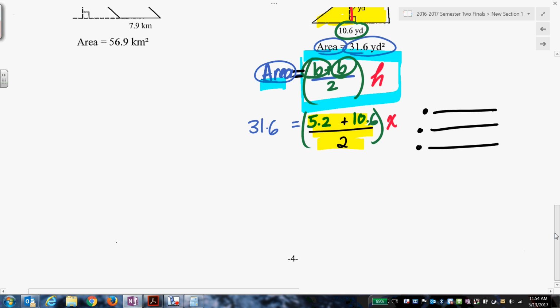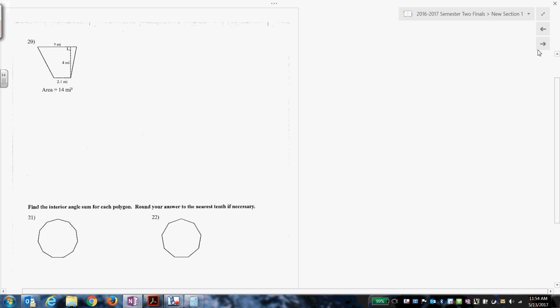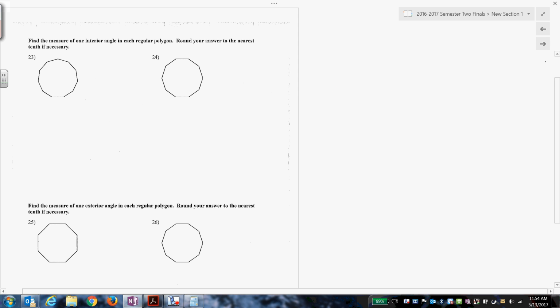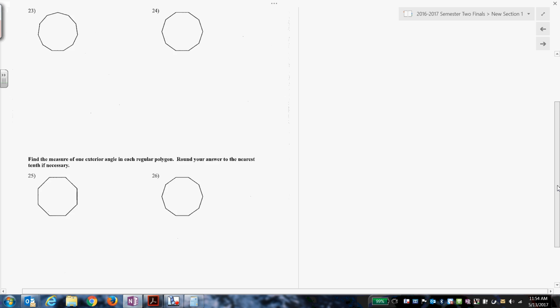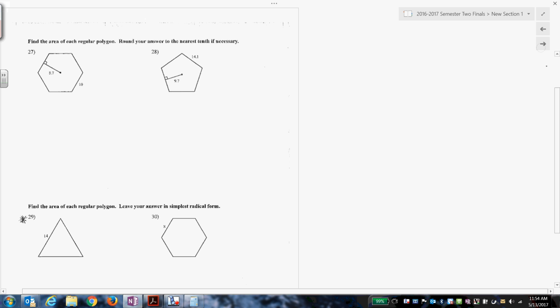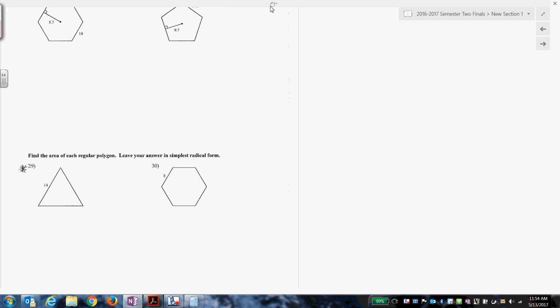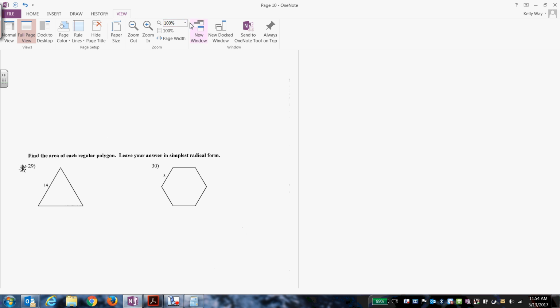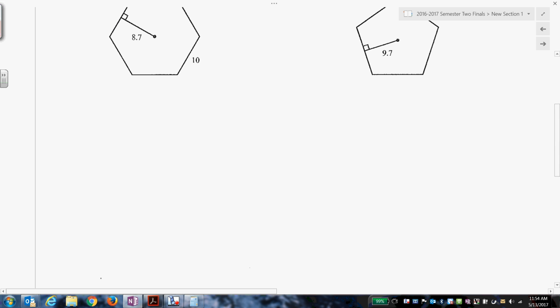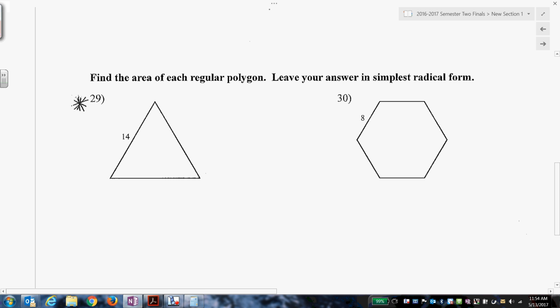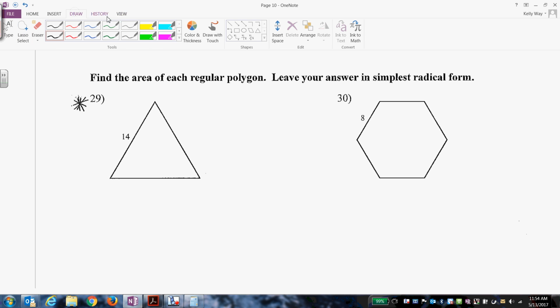Welcome back. Taking a look at 29. It says find the area of each regular polygon.